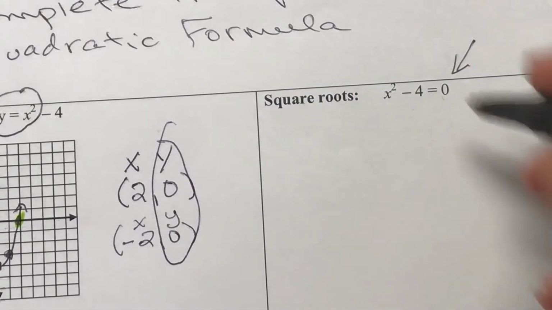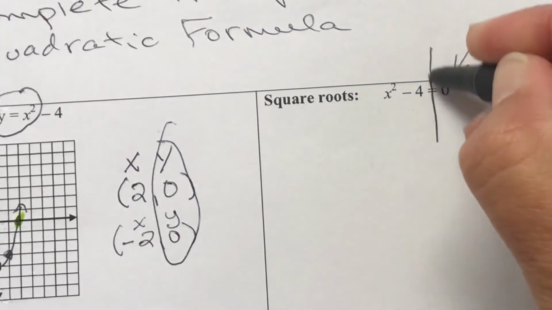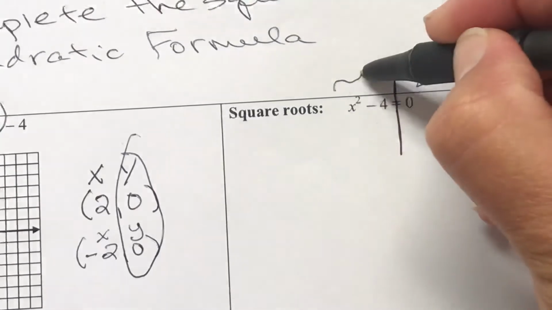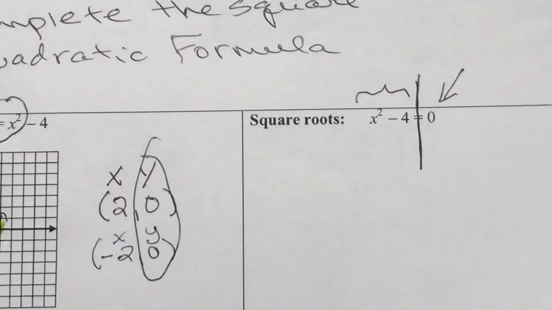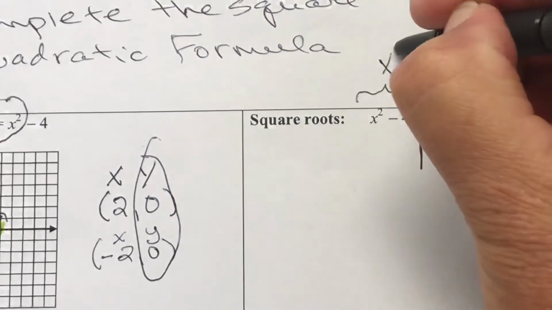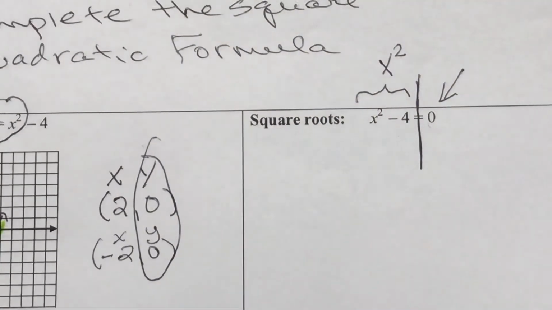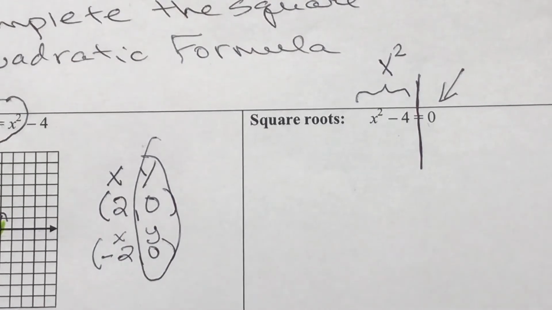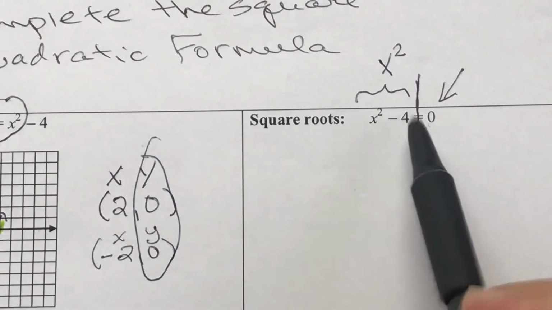So here we go. First thing I recommend kids do is draw a line at the equal sign. The only thing we're allowed to have over here is the variable squared. I see I have a little friend sitting there. That friend's got a vamos. Get out of here. So what is the opposite of subtract 4?